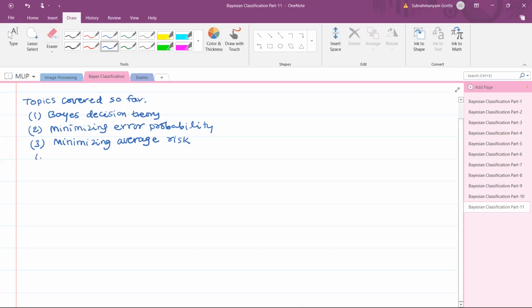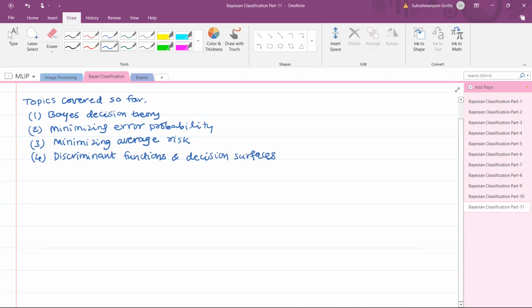Then we discussed briefly discriminant functions and decision surfaces.